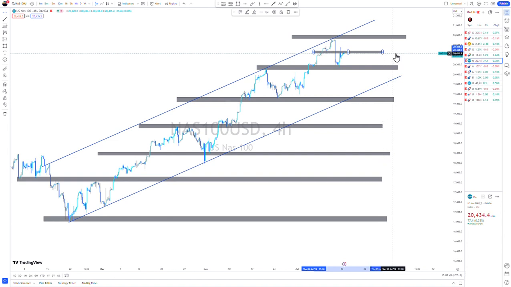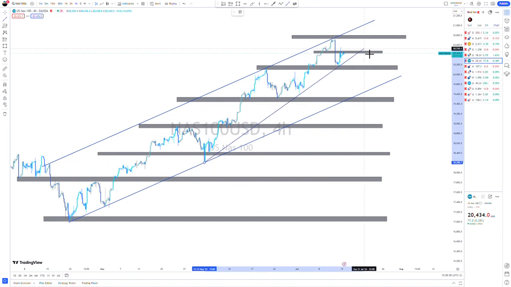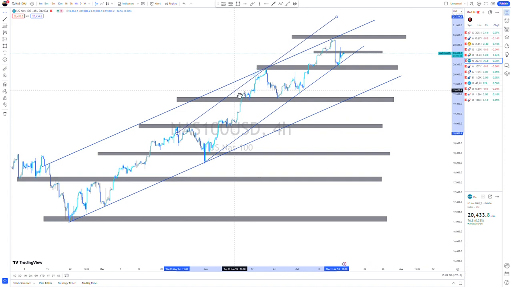And yes, so for Nas, as we can currently see, I like what I'm seeing. I can actually see that Nas is also respecting this trend. So we currently have a trend in a trend.